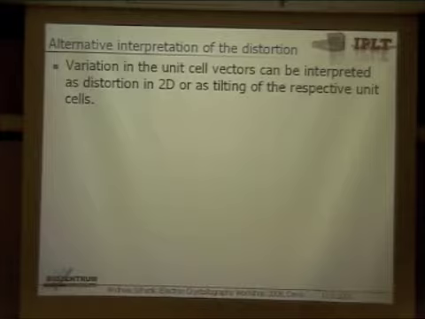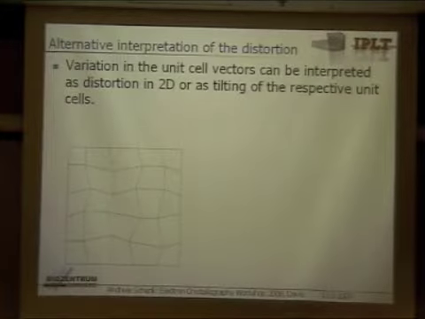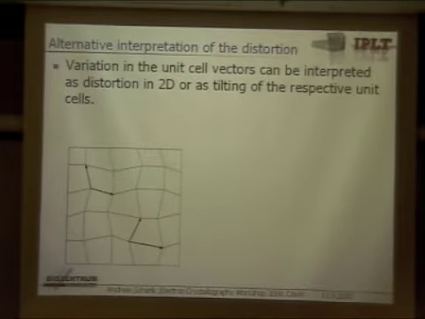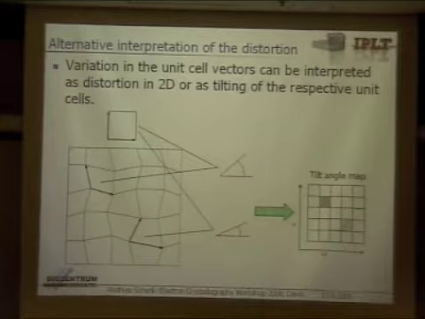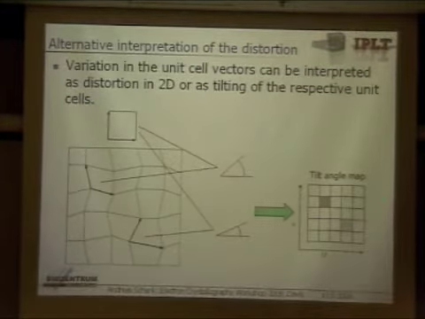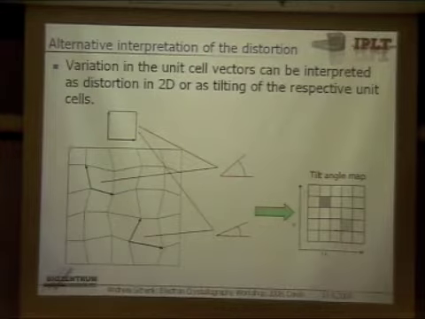So I thought, let's take an experimental distortion map. For every unit cell you get a set of unit cell vectors, and you know the original unit cells. So for every unit cell you can directly calculate the tilt angle using Scholl's algorithm and assemble a map where you show the tilt angles depending on the unit cell.